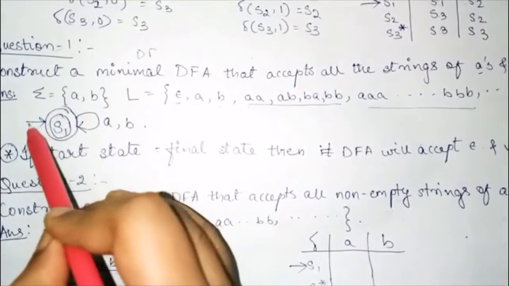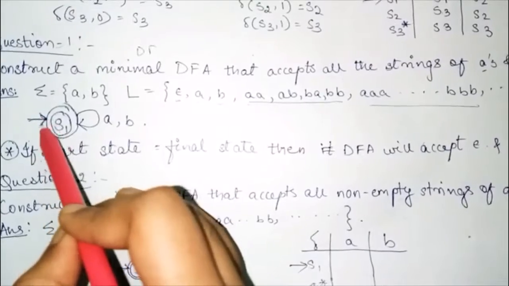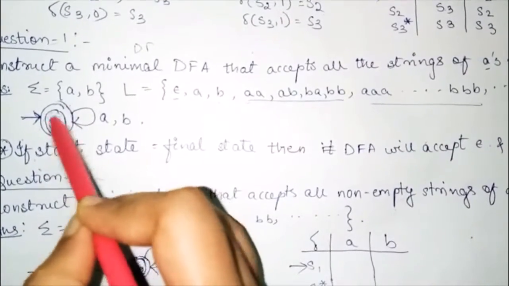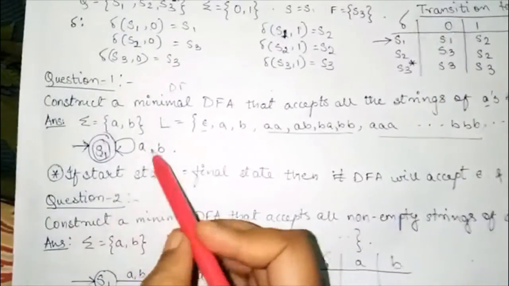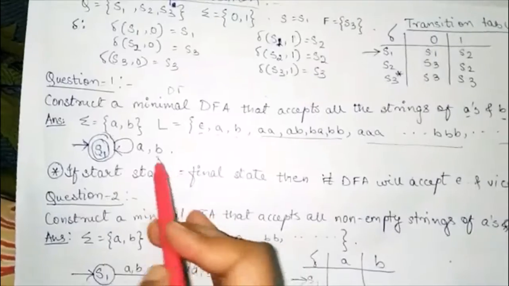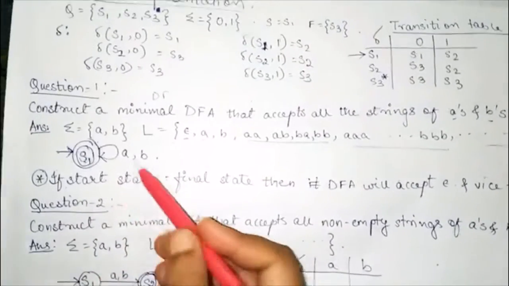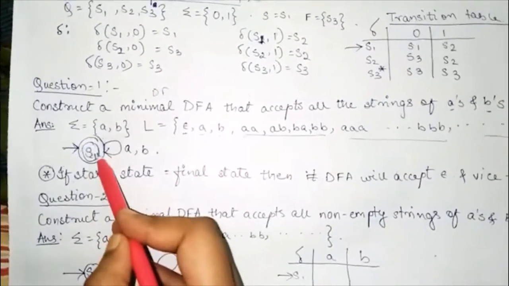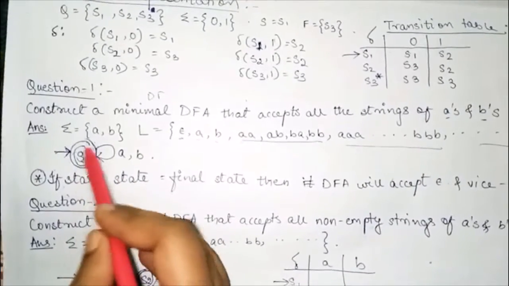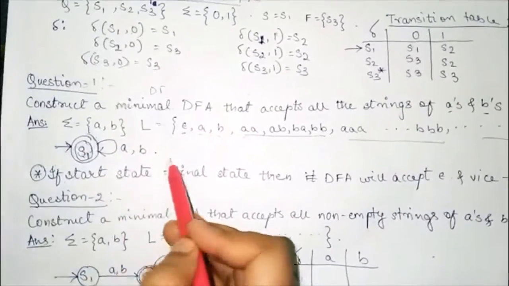Like S1, start state represented by the arrow, is S1, and S1 is the final state represented by the double circle, and then whatever I get as input, whether it is A or B, I'll remain at the same final state S1. So S1 double circle, A, B.